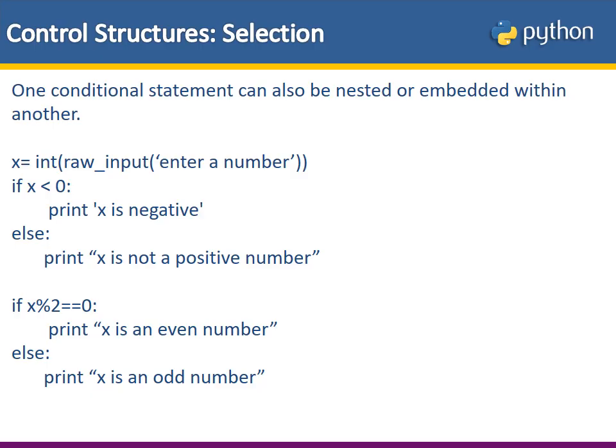In this code, we have the same code: s equals int, raw input, enter a number. If s is less than 0, print s is negative. Else, print s is not a positive number. We can see that an if is nested within another if: if s modulus 2 equals 0, print s is an even number, else print s is an odd number.